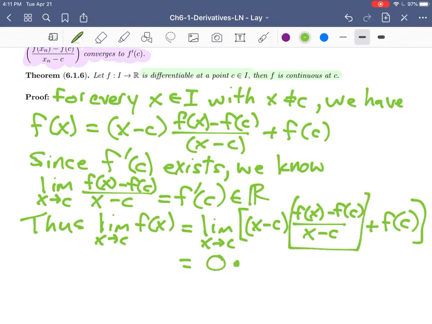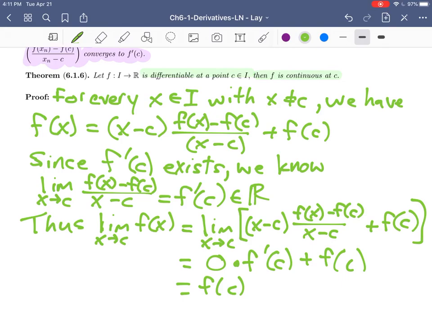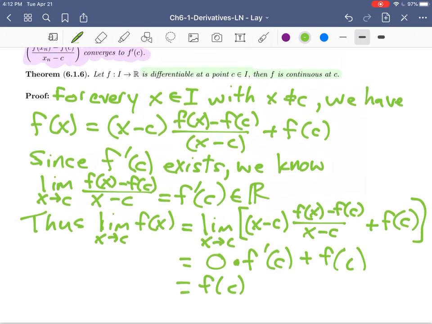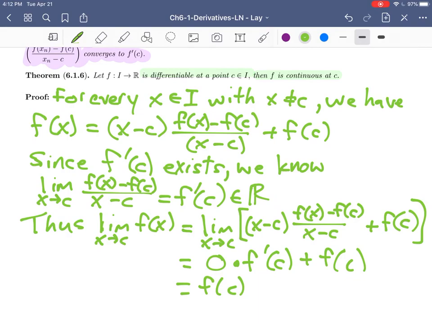This stuff here is approaching f prime of c, which is a real number. And this is just a constant, so that is just f of c. And so we get the limit of f of x as x approaches c is equal to the value f of c.